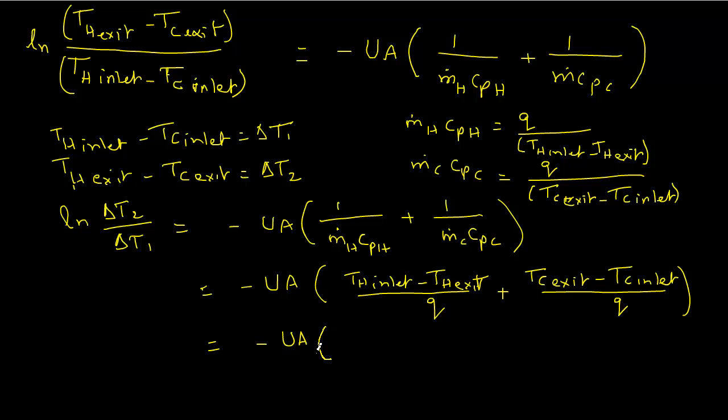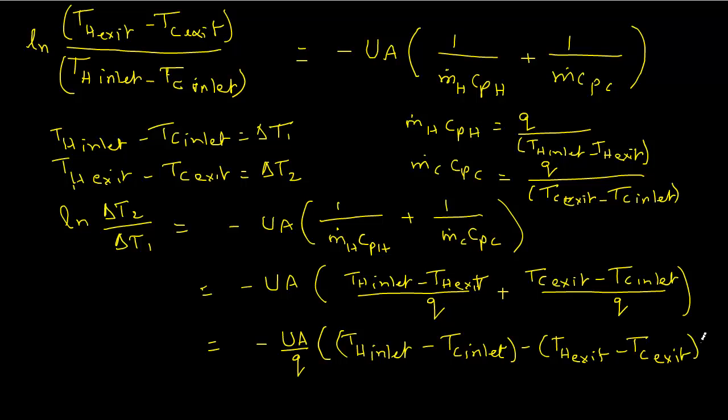So we have minus UA over Q, and inside we have Th inlet minus Tc inlet and minus Th exit minus Tc exit. We have separated the temperatures for inlet and exit.